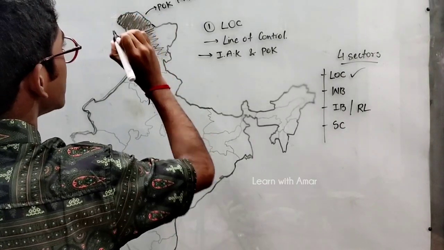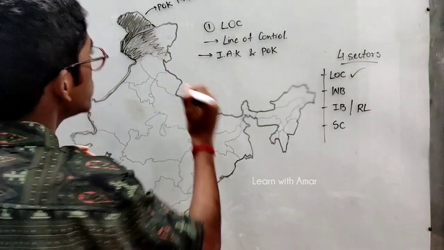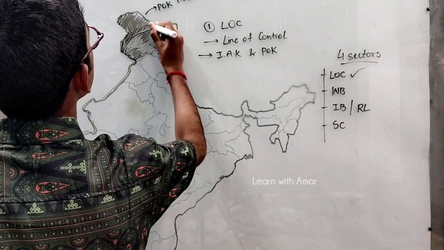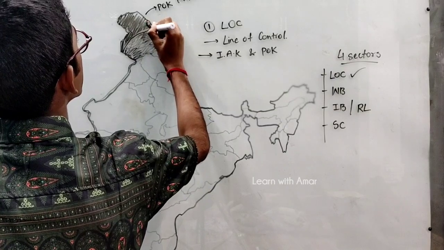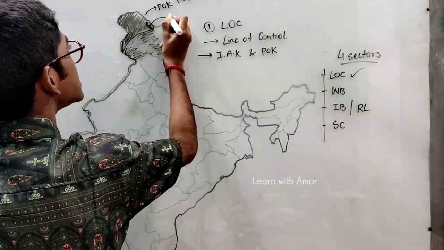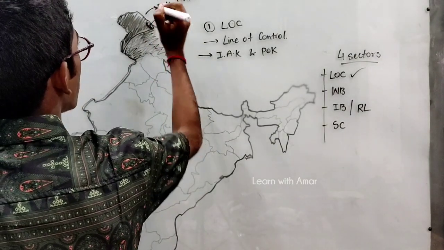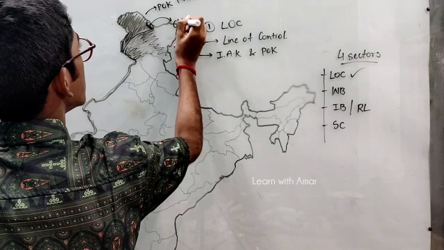So this land was illegally occupied by Pakistan, and also including that, this region was ceded by Pakistan to China. This region of Pak occupied Kashmir was ceded illegally to China.